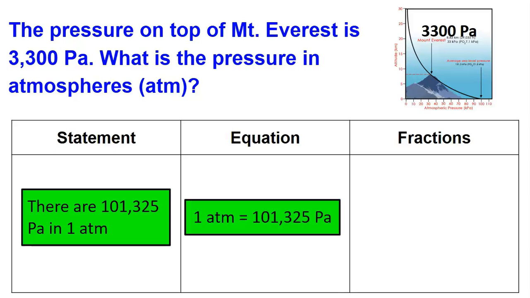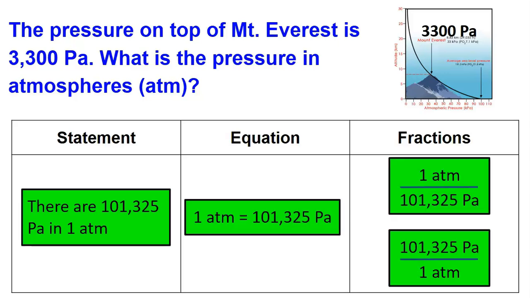So the equation would look something like this. 1 atmosphere is equal to 101,325 pascals. And as fractions, we could set it either as 1 atmosphere over 101,325 pascals, or vice versa, 101,325 pascals over 1 atmosphere.